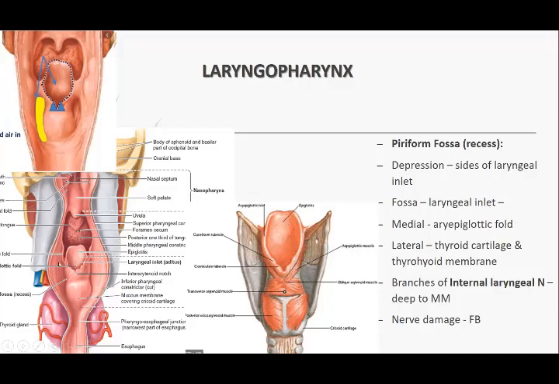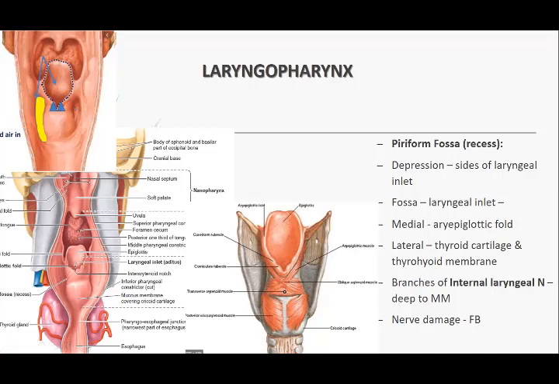If you look carefully, this is the piriform fossa, and medial to the piriform fossa you have this fold called the aryepiglottic fold. It is this fold that separates the laryngeal inlet from the fossa.